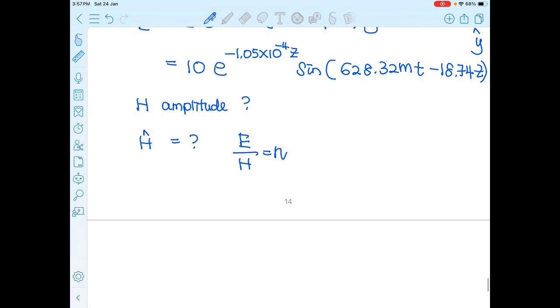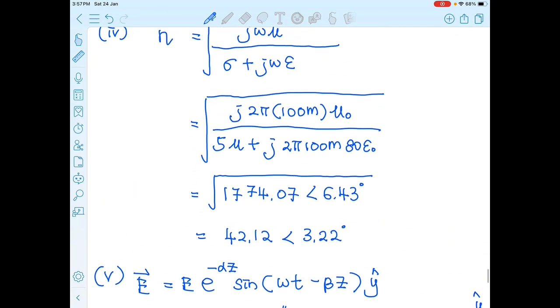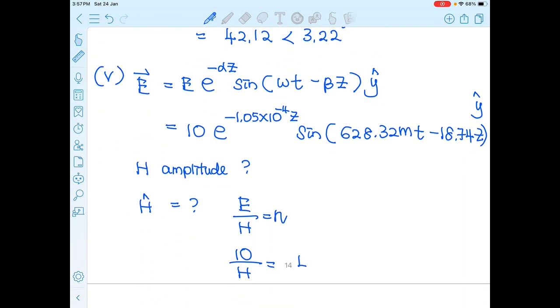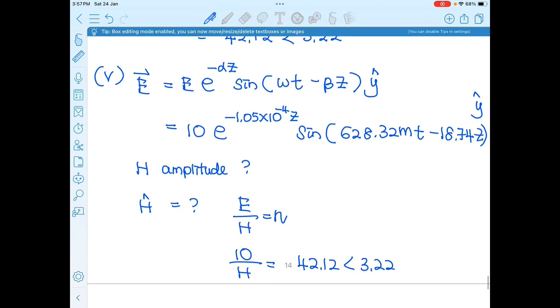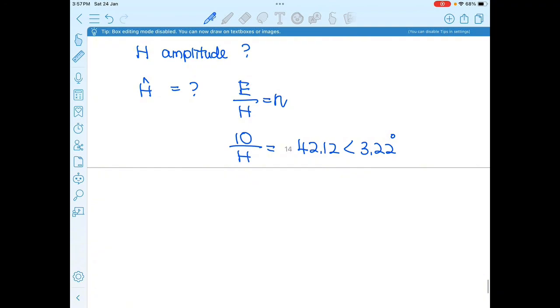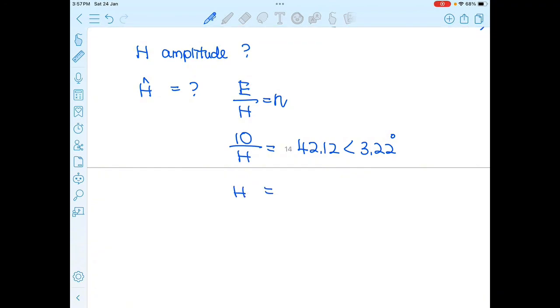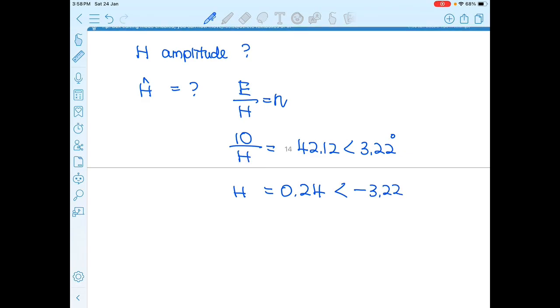Your electric field amplitude is 10, and your eta, your intrinsic impedance, is 42.12 with an angle of 3.22 degrees. So your H is equal to 10 divided by 42.12, which is 0.24, and the angle is negative 3.22, because 0 minus 3.22.